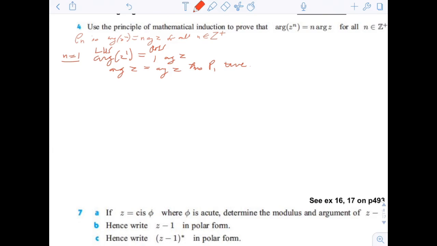Now let's look at the case of Pk. Okay, so assume that P of k is true. If we assume that P of k is true, then we know that arg of z to the k is equal to k times arg of z.